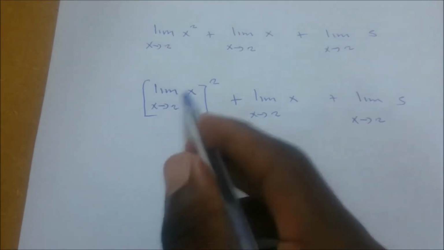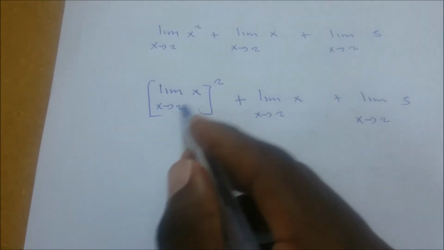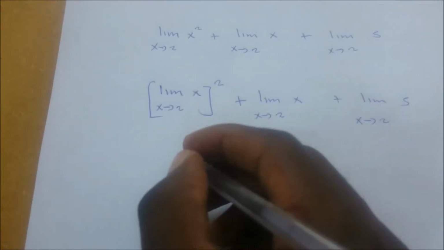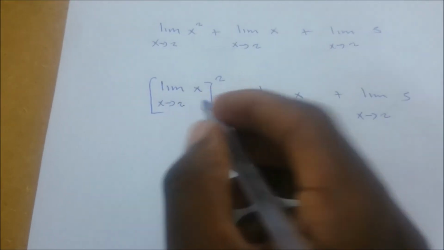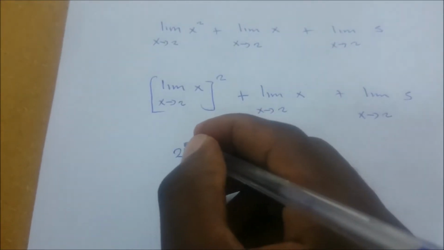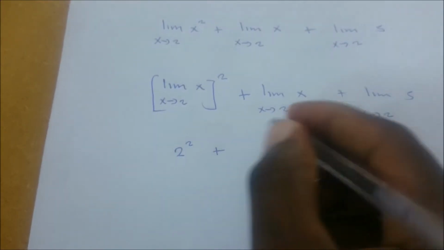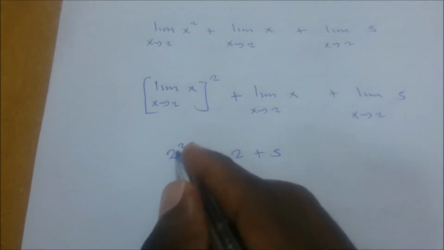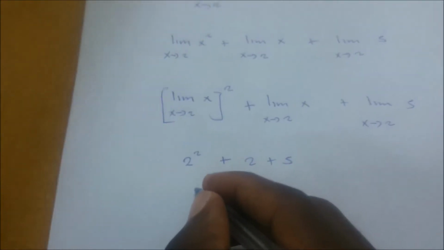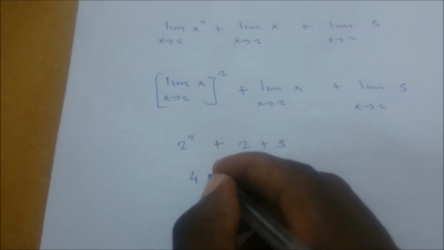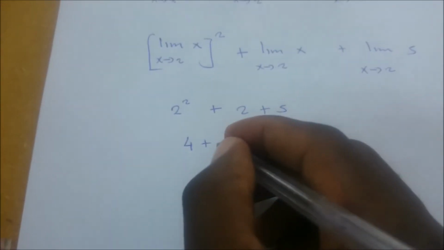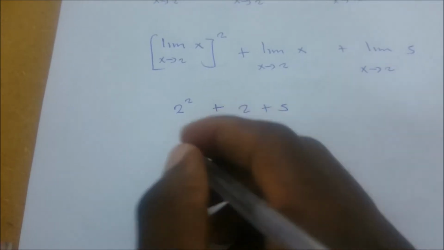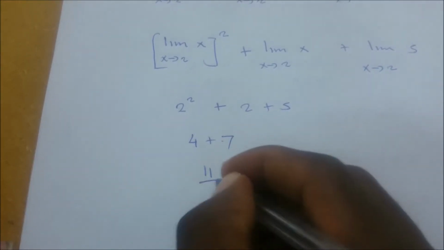We are going to evaluate the limits. What is the limit here? It will be 2. Remember the basic rules. It will be 2 to the power 2 plus 2 plus 5. What is the value here? 4 plus 7, which is 11.